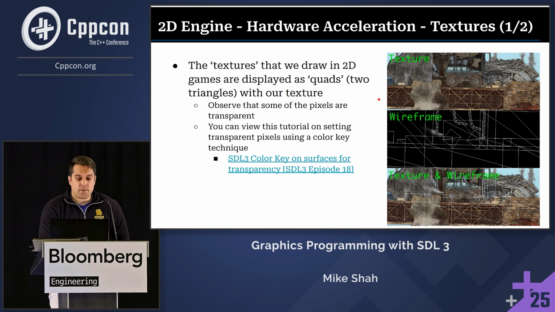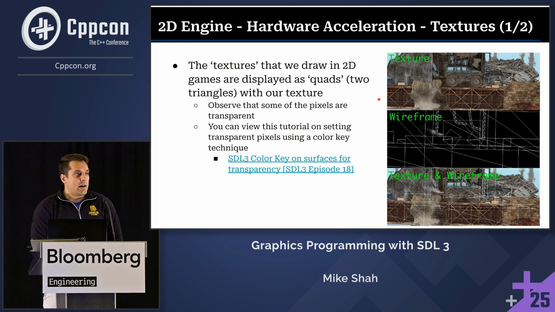And again, the textures that we're drawing in 2D games, they're just quads. Everything's quads, even if it doesn't look like it's quads. Maybe we're omitting some pixels here, but here's just kind of a nice breakdown. Again, the top is our final scene with the textures. The middle is the wireframe, so omitting the detailed pixel information, but just showing that there are quads here.